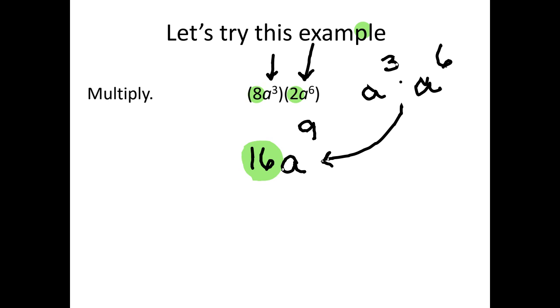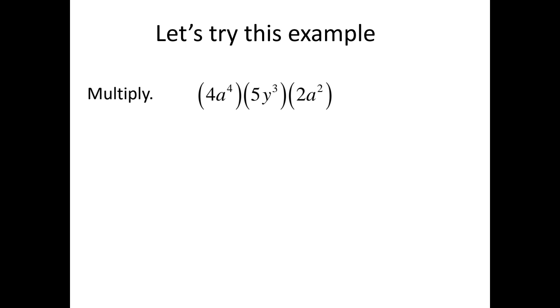Okay, here we go. 4, 5, 2. Numbers are multiplying. This will give me 40. 4 times 5 times 2. But here you got to be careful.